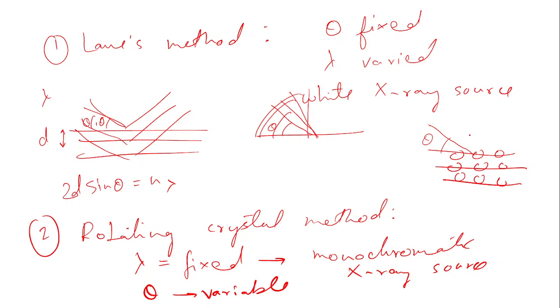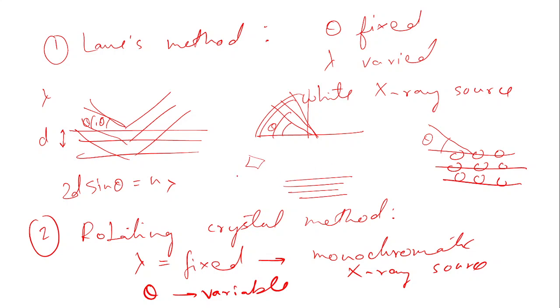So in Laue's method, we keep the incidence angle or grazing angle the same and we change the wavelength. Correspondingly, we get diffraction from different d, meaning different planes at different angles. When we keep the wavelength fixed and change theta, we have the X-ray source, and this is the plane of the sample.